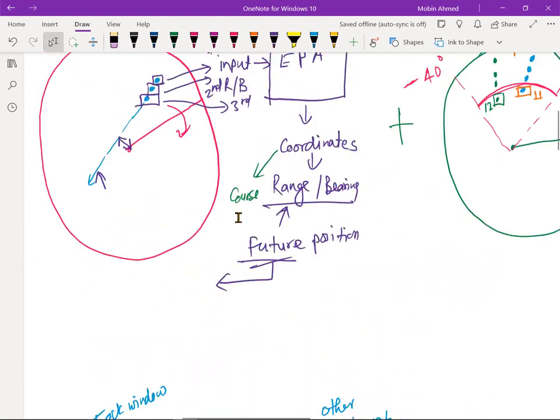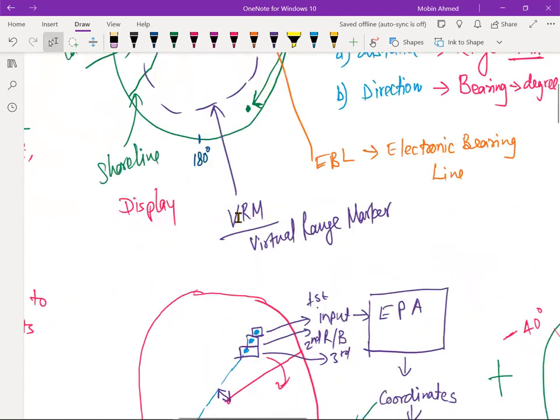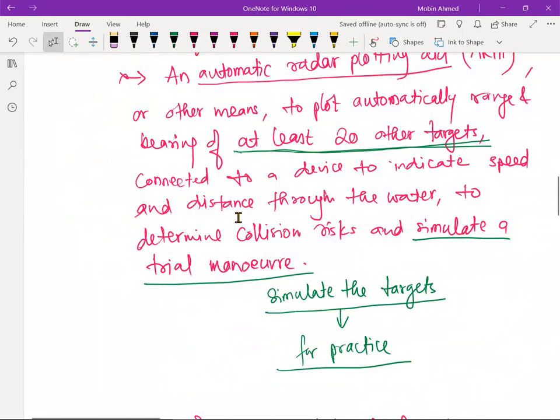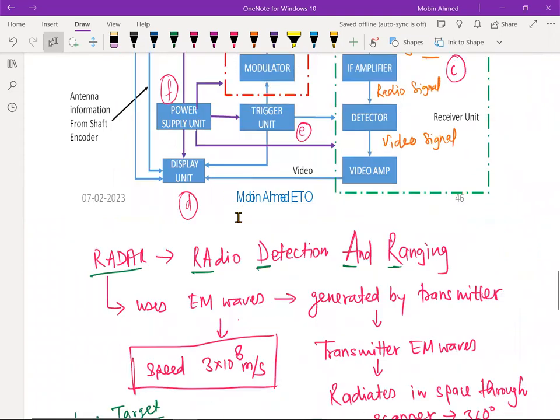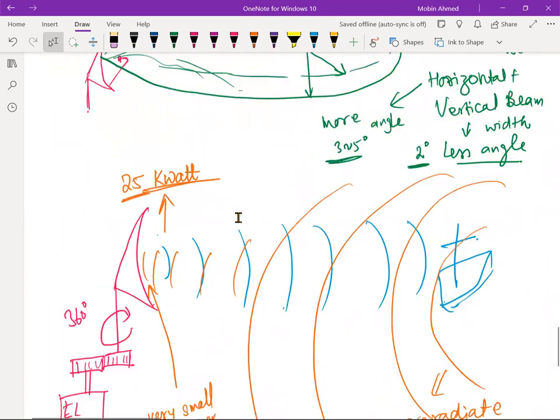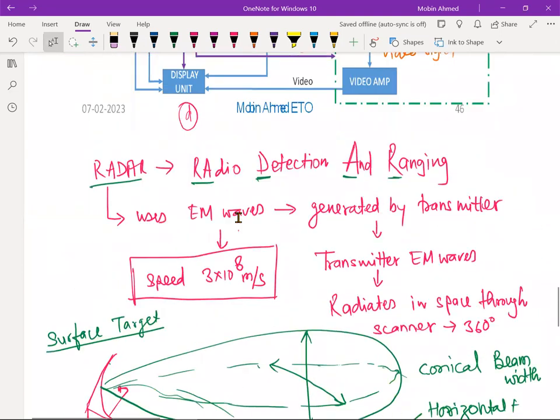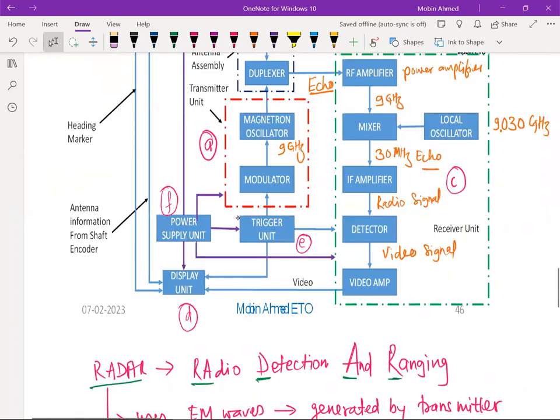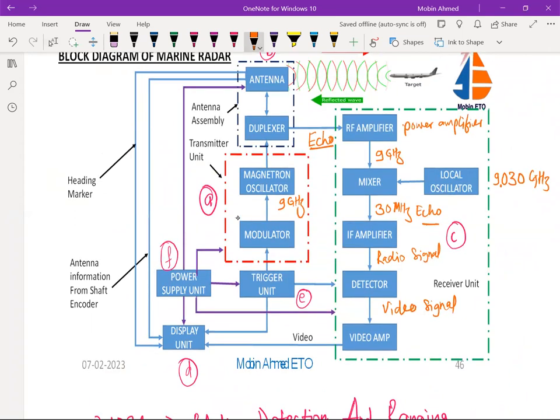So the antenna radiates, and again it collects back, and it is given to the receiver part. The receiver mixes with the local oscillator frequency, then it gets the intermediate frequency.